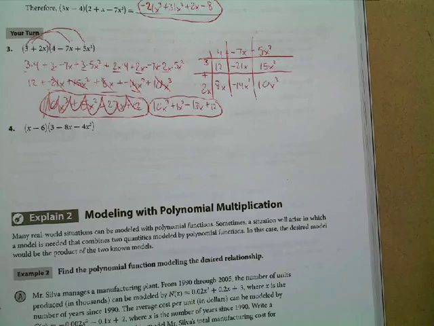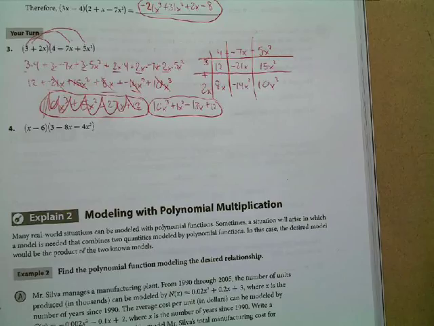Some calculators do, but not many. I keep it as negative. Yeah, so it should be negative 18 and positive 4. Okay, so here's what we should end up with right here.